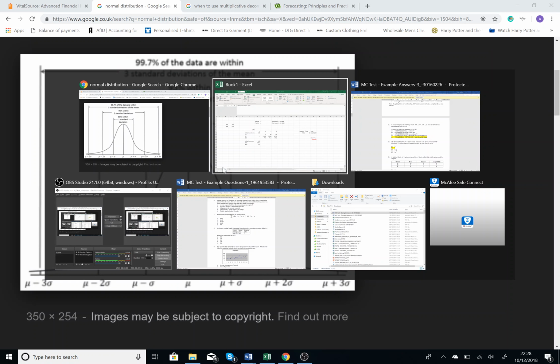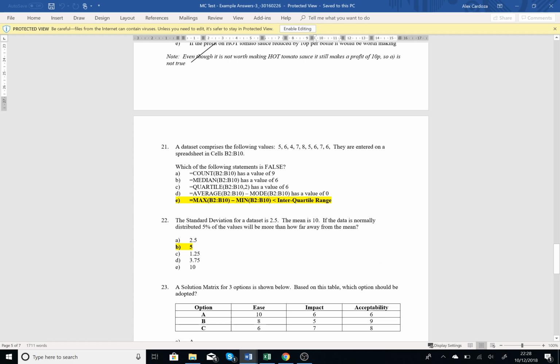And if you've got 2.5 standard deviation, you would just take 2.5 times it by 2. So 95% of your data is within 5 standard deviations away from your mean.